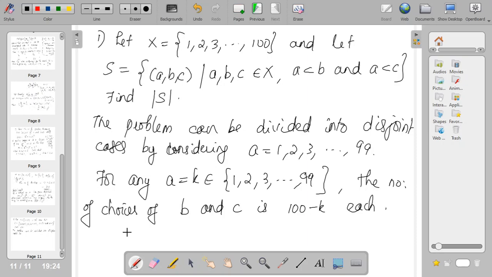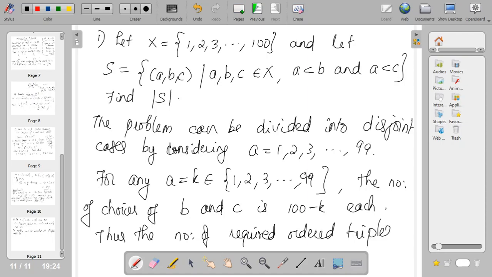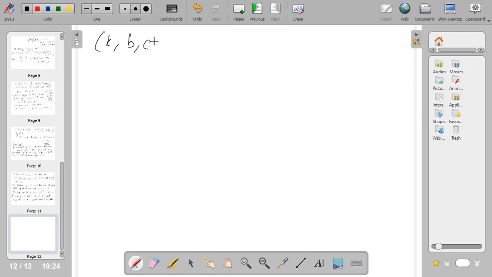Thus the number of required ordered triplets where k is the first element, so k, b, c, that will be 1 into 100 minus k into 100 minus k. So that is 100 minus k whole square. So this is by the multiplication principle.